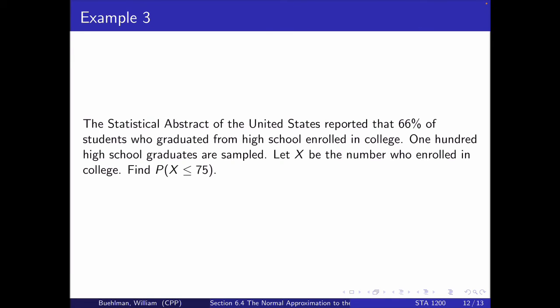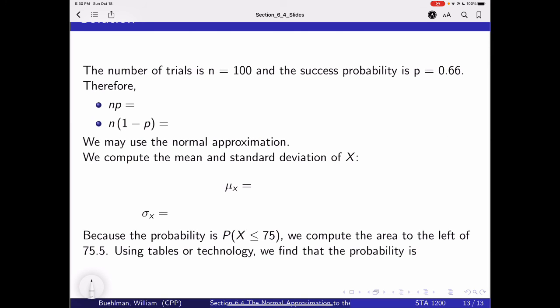Example 3. The Statistical Abstract of the United States reported that 66% of students who graduated from high school enrolled in college. 100 high school graduates are sampled. Let x be the number who enrolled in college. Find the probability that x is less than or equal to 75. First we have to do our checks. The first check is n times p.